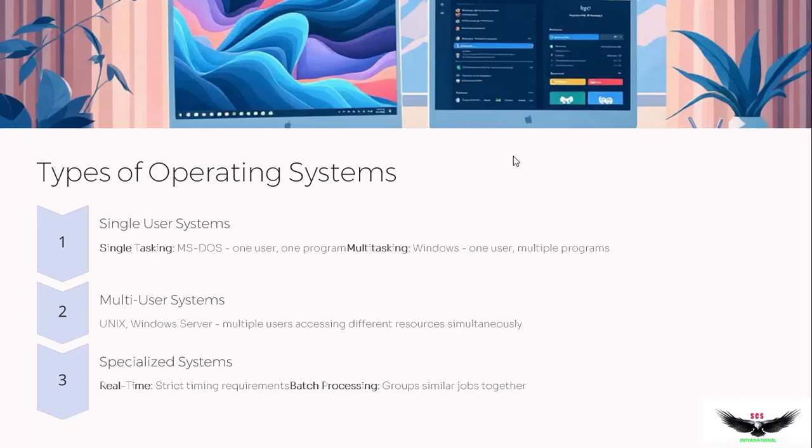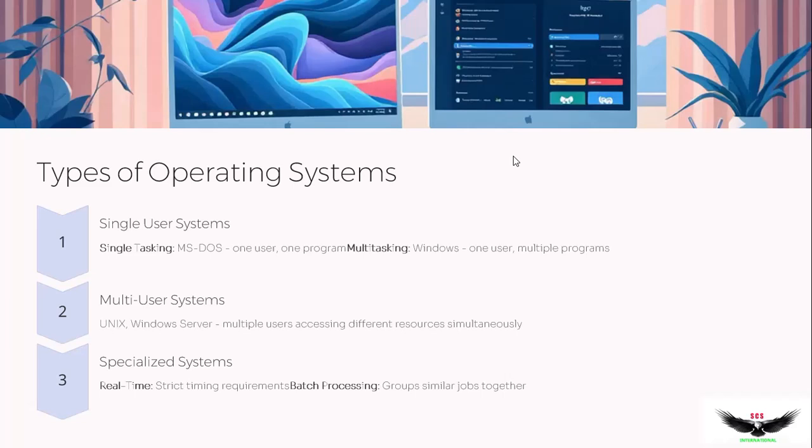Single user systems, that is single tasking. For example, Microsoft DOS, MS-DOS: one user, one program. We have multitasking, that is Windows: one user, multiple programs.